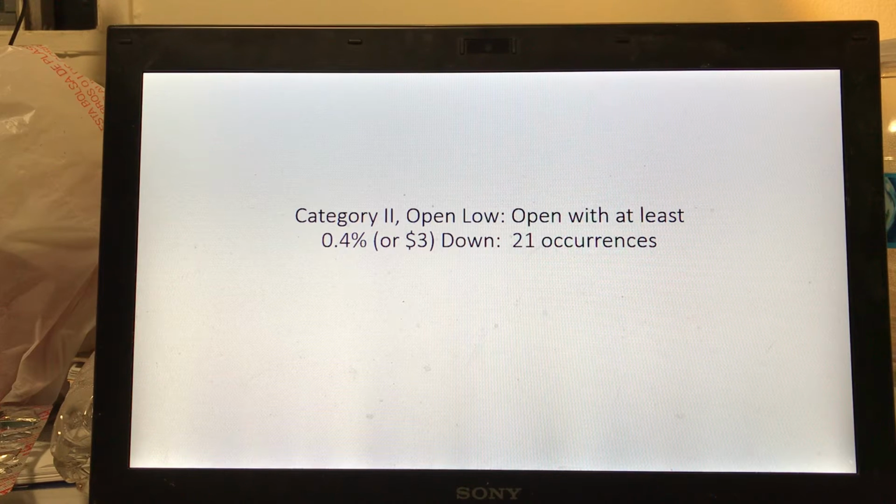Since overall the market is bullish, the probability that the market opens very low shall be less than the probability that the stock opens high, and the magnitude to which the stock opens below the previous close price is also less than the high opens' magnitude. So there are 21 occurrences for this case in all, and let's take a look.